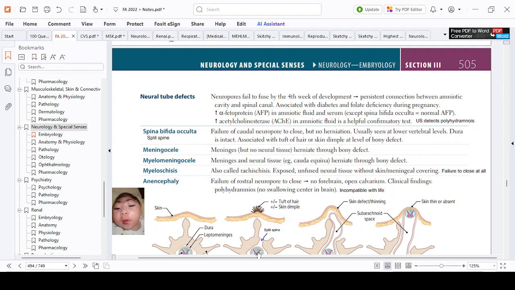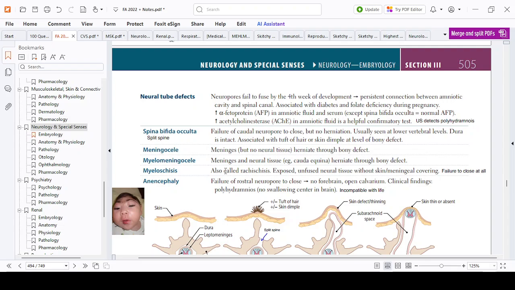Only the meninges are herniating through the defect, as you can see here. Myelomeningocoele, as the name indicates, myelon: both the neural tissue plus the meninges are herniating through the defect.